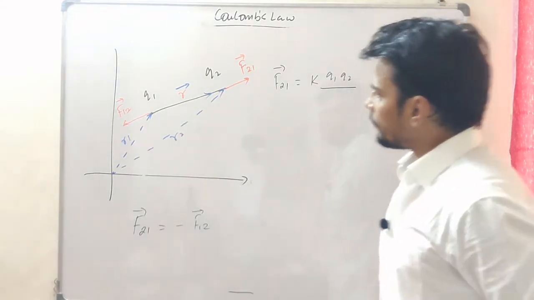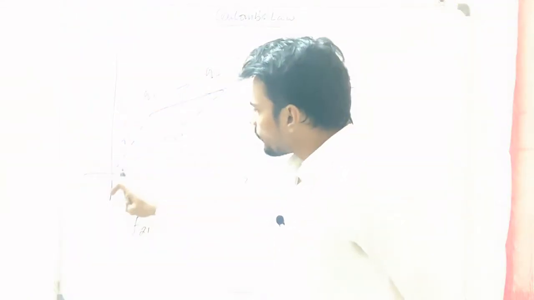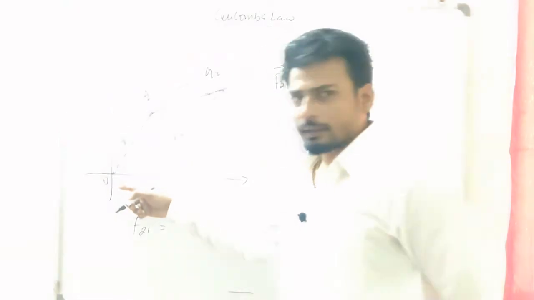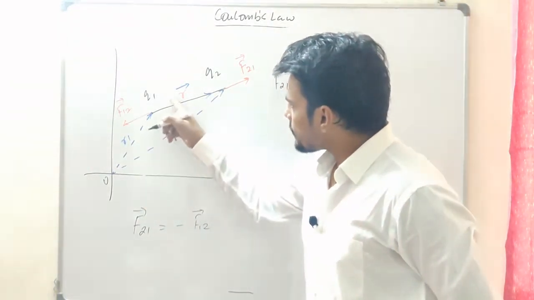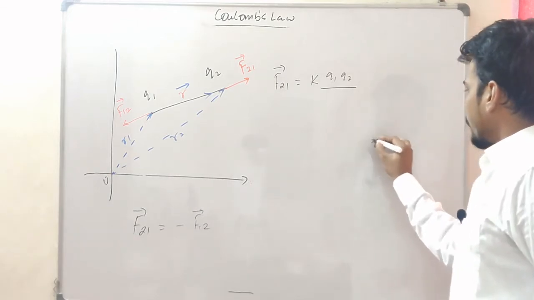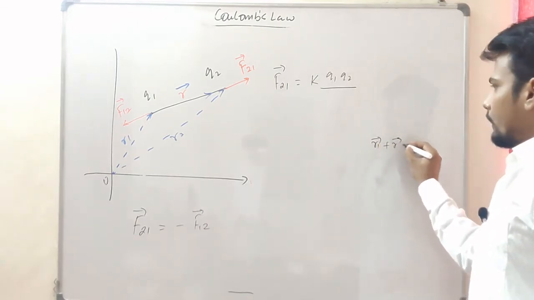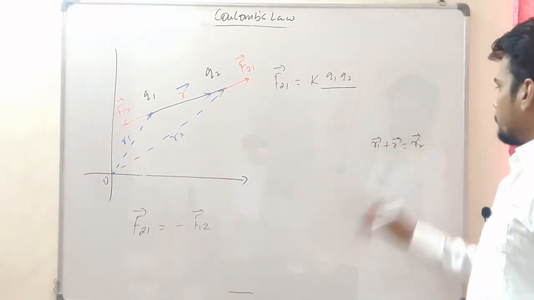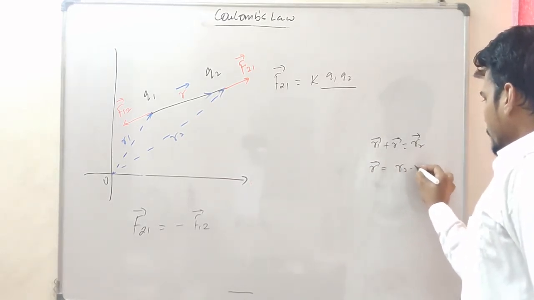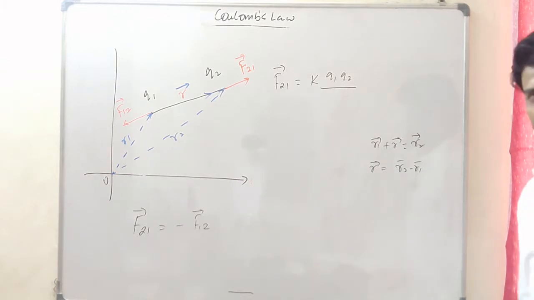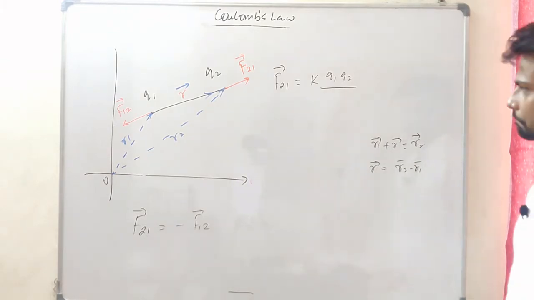Over here, if I look at this triangle rule of vector addition, vector r could be given as r1 plus r. I'm writing it here, vector r1 plus r should be vector r2. So this r vector should be how much? r2 minus r1 vector. Simple बात है.